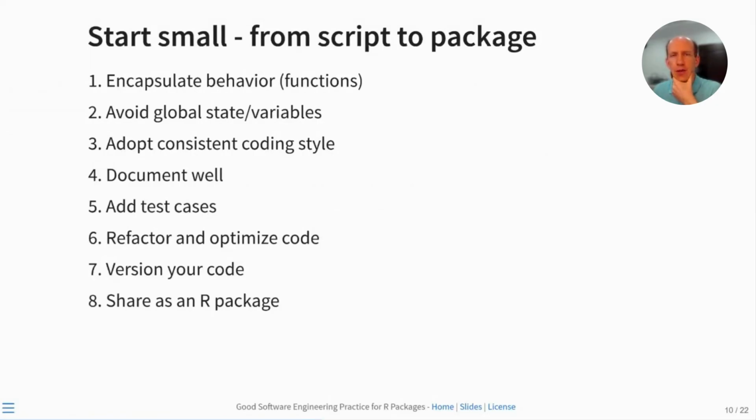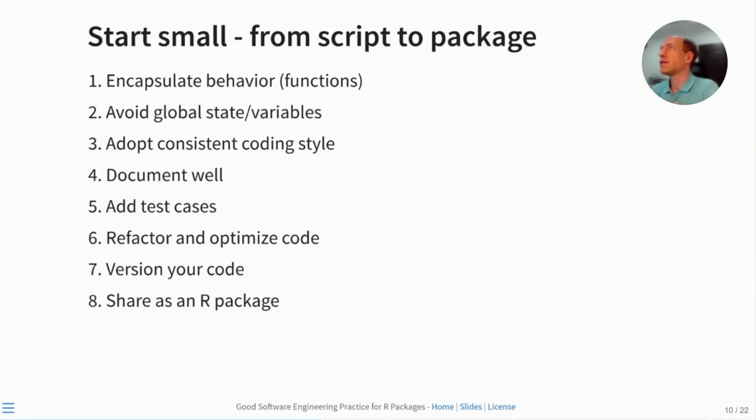And the one preview slide and preview topic we want to grab here is just a very high-level overview. How could this work, right? How could you go from a simple R script that you have developed for analyzing one particular data set or fitting one particular model to one data set? How can you go from that to an R package in principle, right?